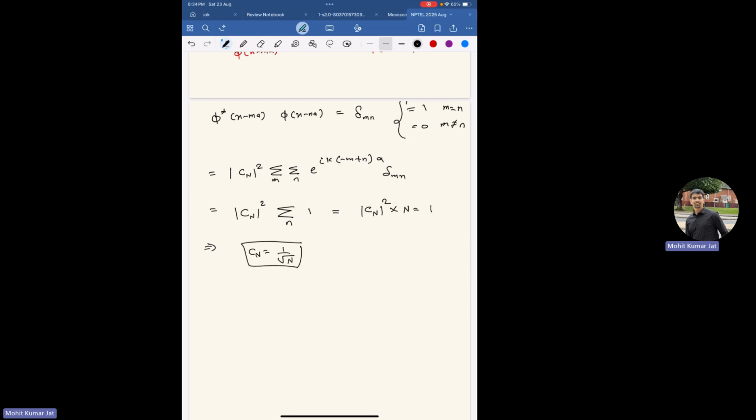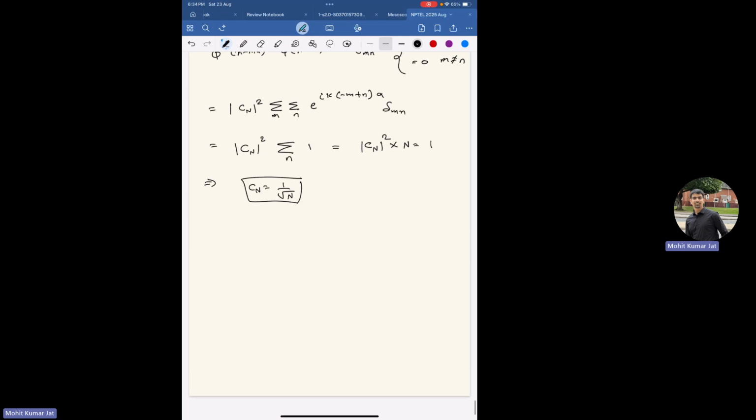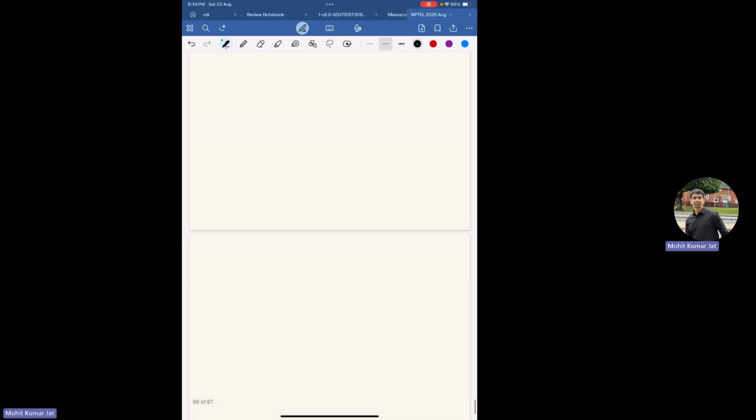Now you have the wave function ready with you. What we did was neglect the overlap between the atomic wave functions on two different atoms, and that's how we got this normalization constant. Now we can write our wave function psi k of x as 1 by square root of N, summation over all the states from minus infinity to infinity, e to the power i k n a, times phi of x minus na.